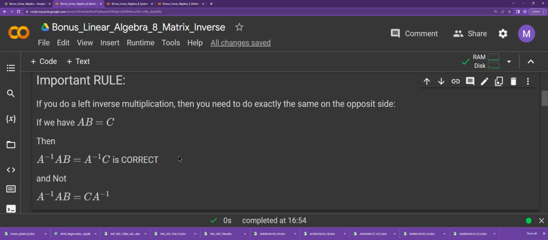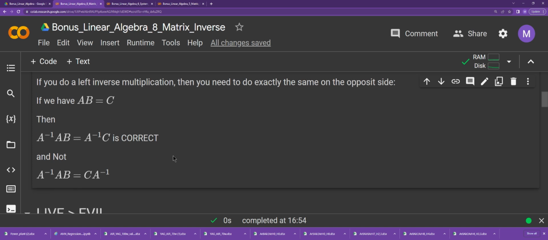I really want you to take this message on board. You cannot do AB equals C and then multiply by the inverse on the other side. It needs to be left inverse. And if you had a right inverse multiplication, then it needs to be on the right side. So a very, very important rule.